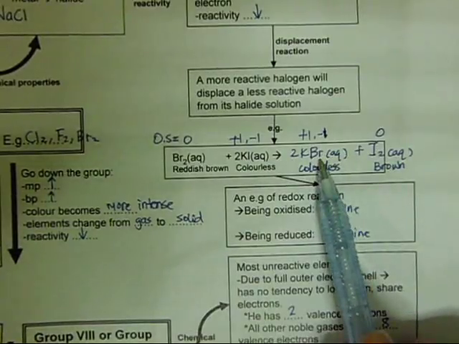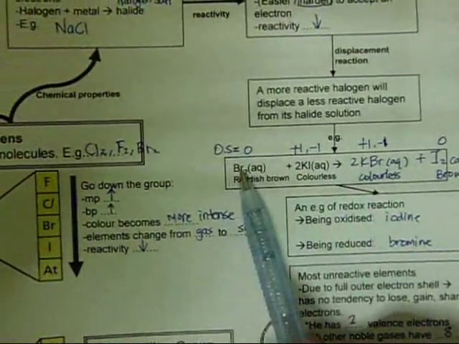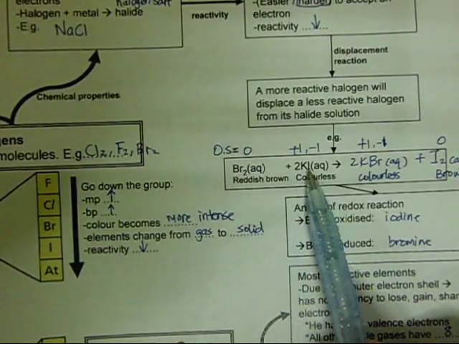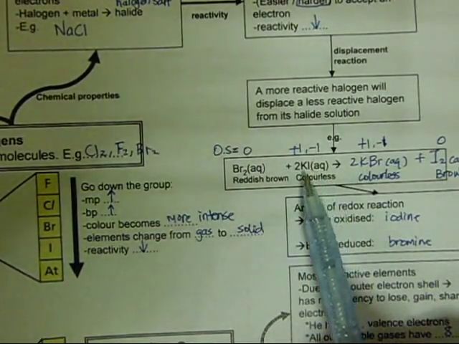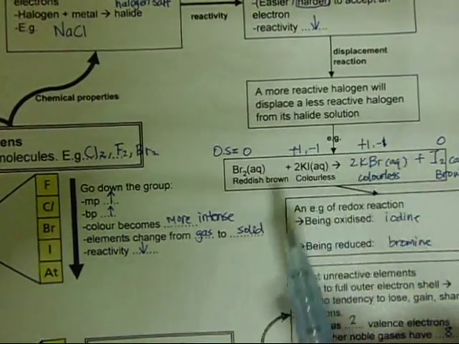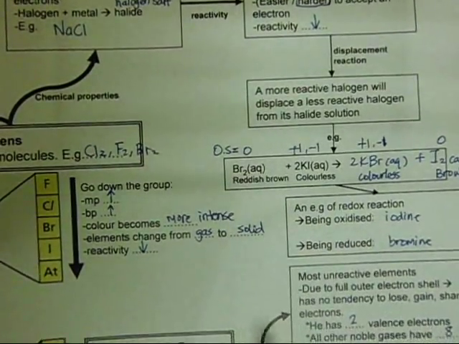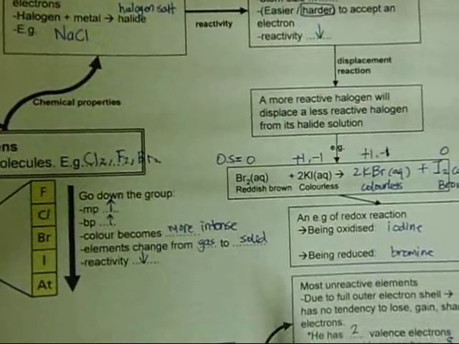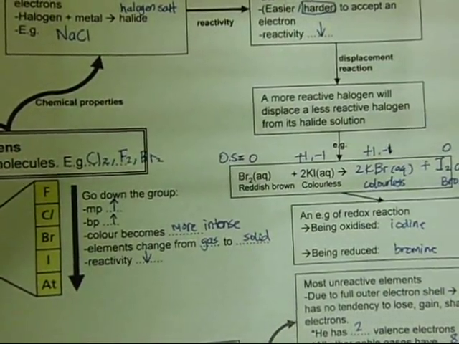So this reaction is possible because bromine is more reactive than iodine. Therefore, bromine displaces iodine from the potassium iodide solution. So this is actually the essence of displacement reactions. The more reactive element will displace the less reactive element from its halide solution.